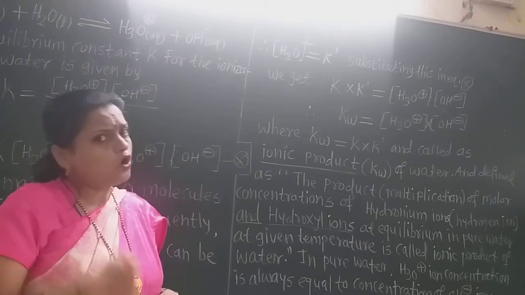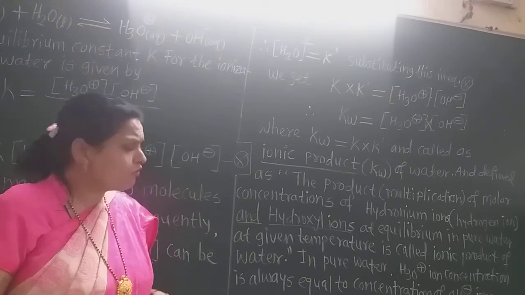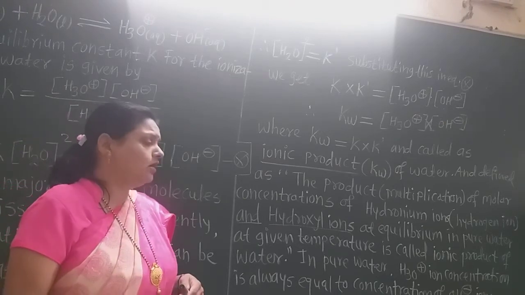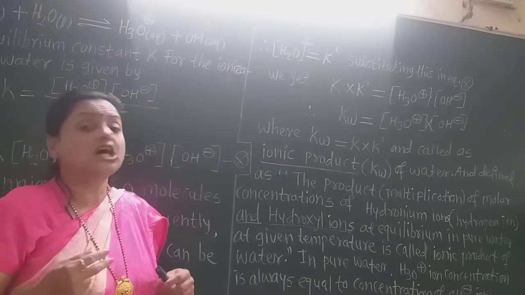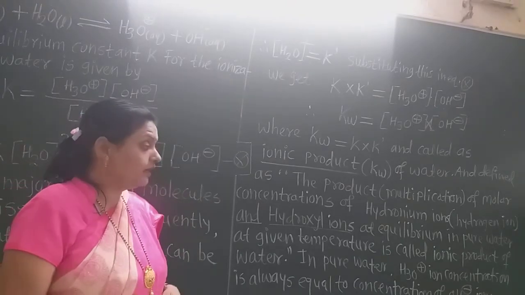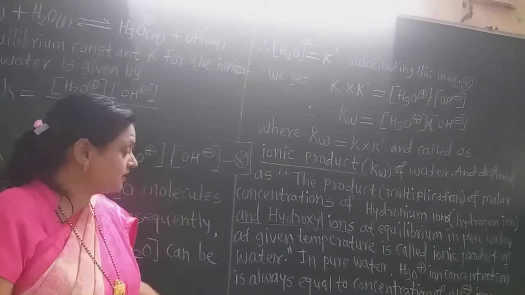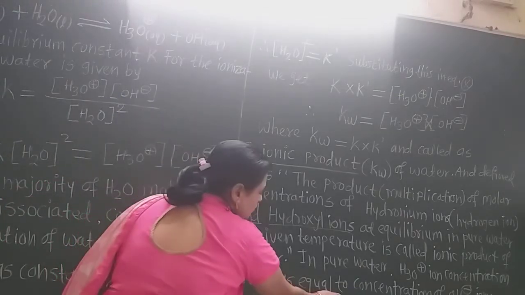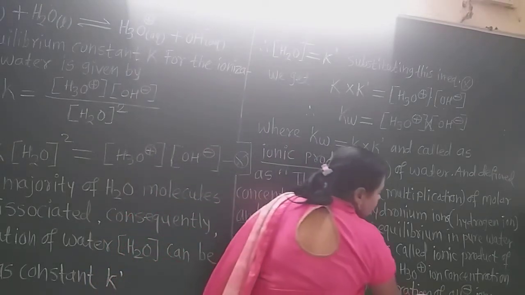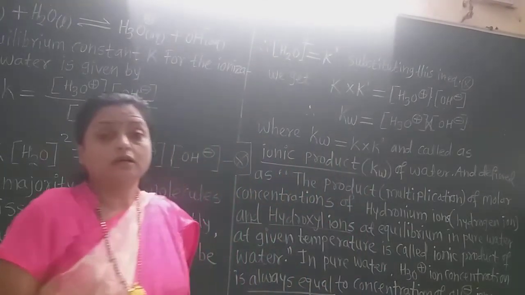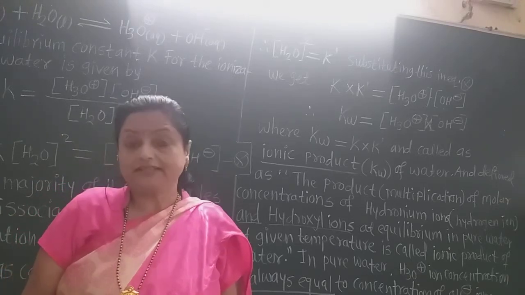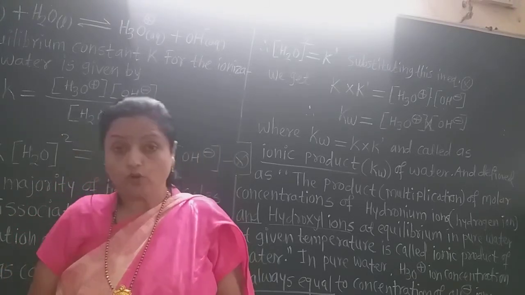Now in pure water, the H3O plus ion concentration and hydroxyl ion concentration are always equal. Remember that. In pure water, the H3O plus ion concentration is always equal to the concentration of the OH minus ions, because both ions are equal in pure water, that is the hydronium ion and the hydroxyl ions.